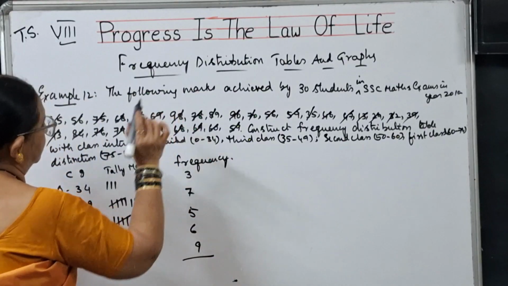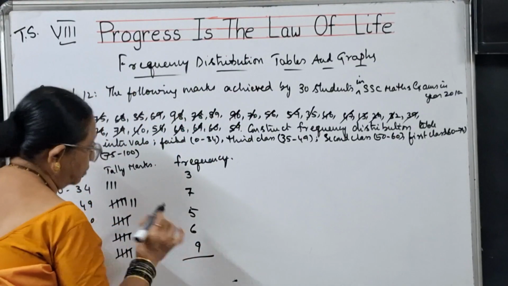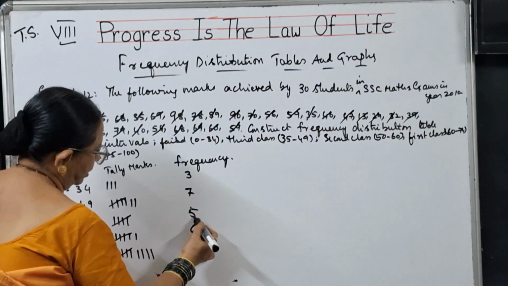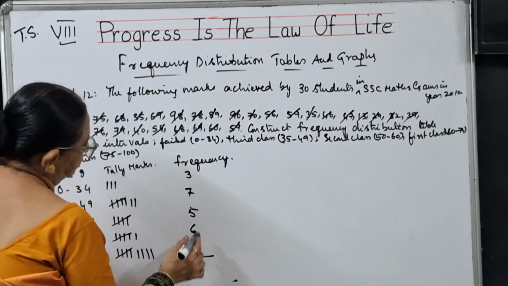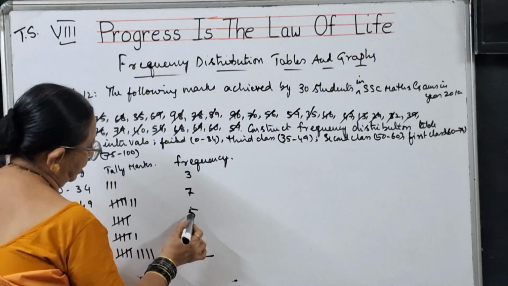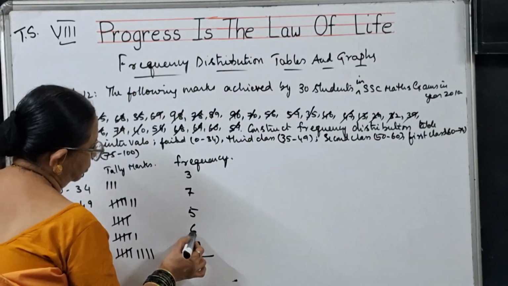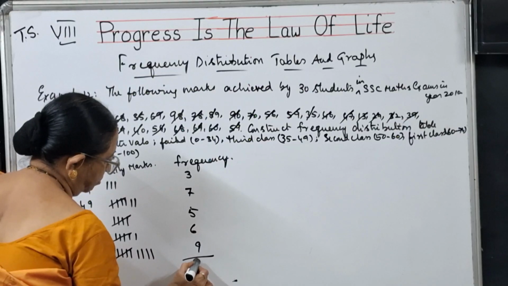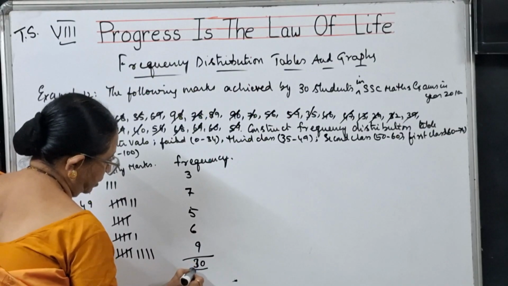See, they said 30 students, no? So if you add, you should get 30. See, 10, 10, 10, 20. See how much I am getting? 7, 3, 10, 15, 15, 5, 20. 20 plus 10, 30. So I am getting the value 30 here.